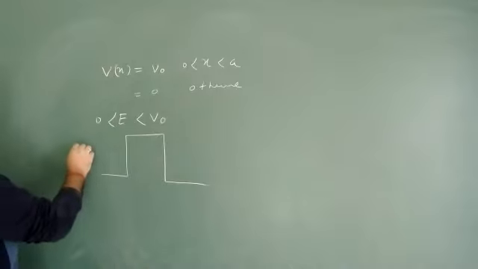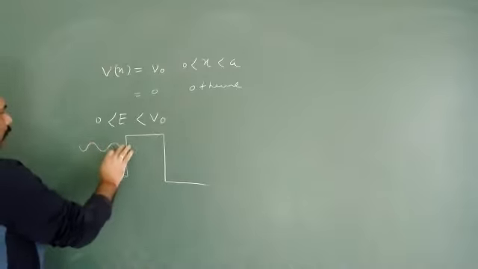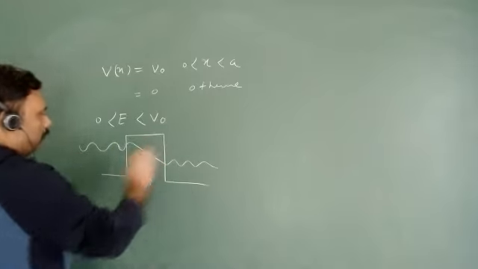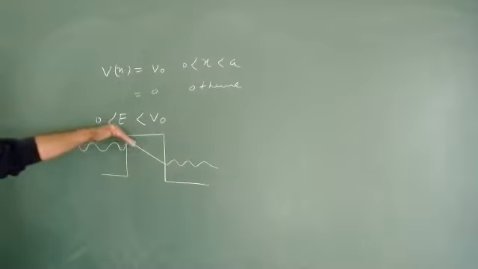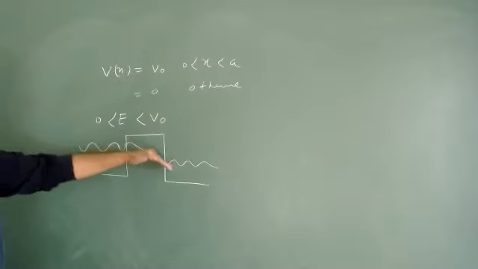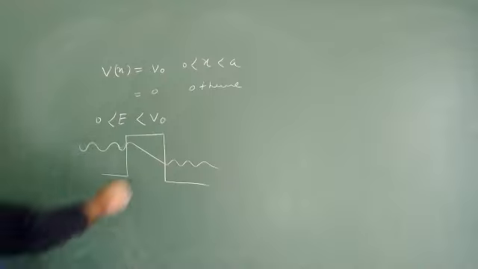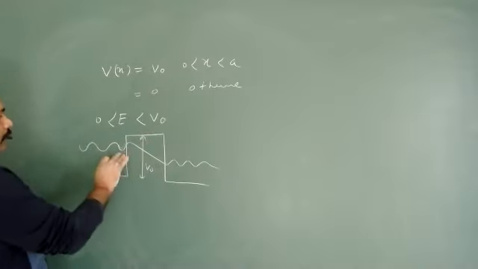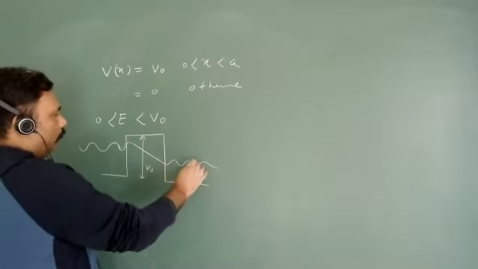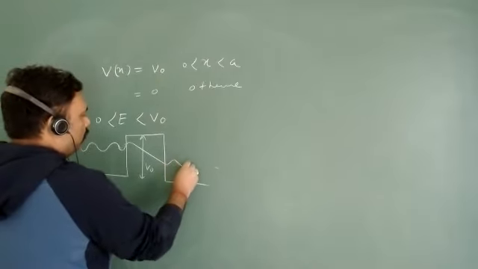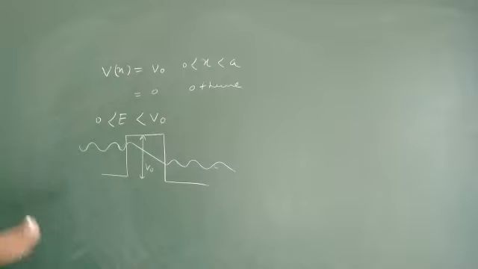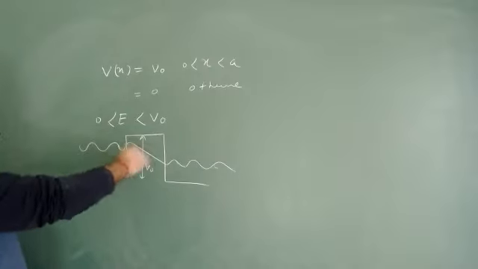And you know the wave function here is like this, and then it decays, and the wave function is something like this, isn't it? And this is all about tunneling. This is the classical forbidden region because E is between 0 and V naught. Obviously, the wavelength will be the same, the amplitude will be less. So let's try to calculate the tunneling probability.